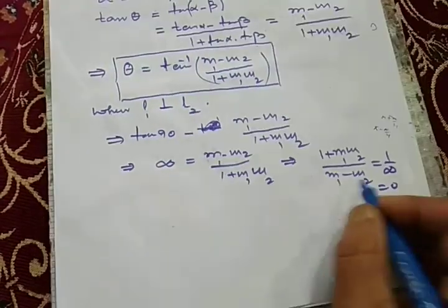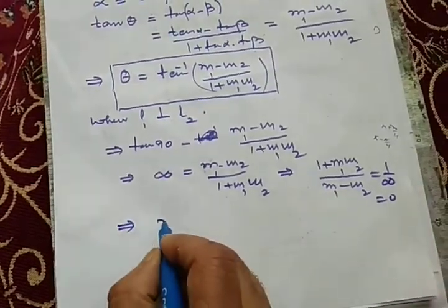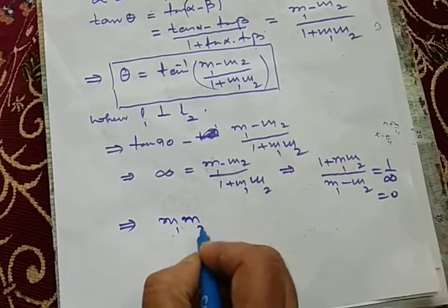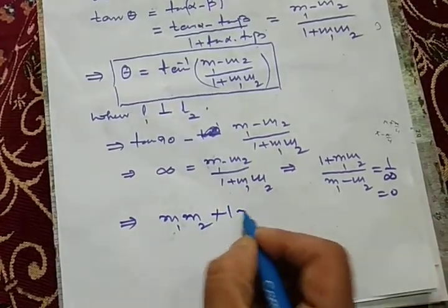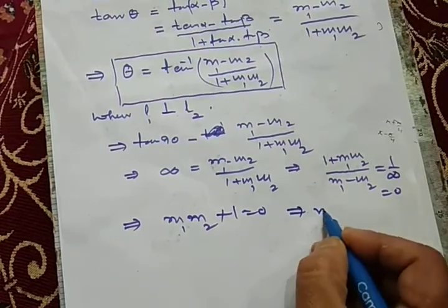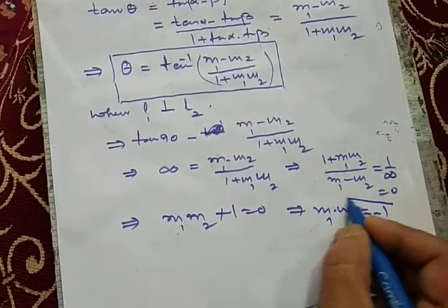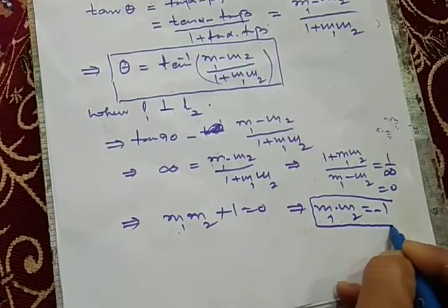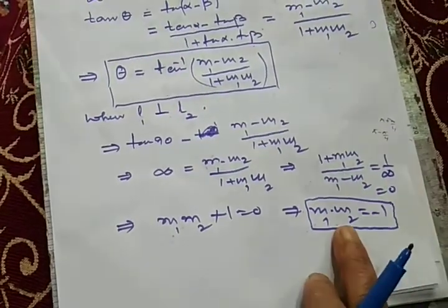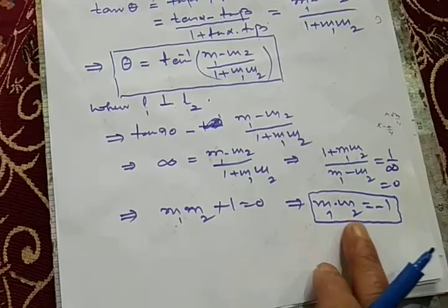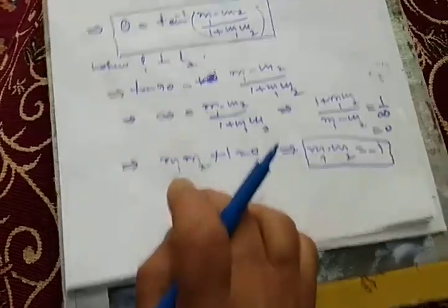So cross multiplying, you will have 1 plus M1 into M2 equal to 0, which implies that M1 into M2 is equal to minus 1. One of the important results: when the two lines are perpendicular to each other, the product of their slopes is minus 1.